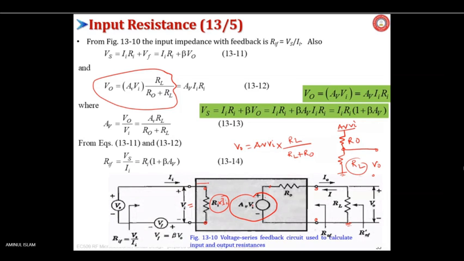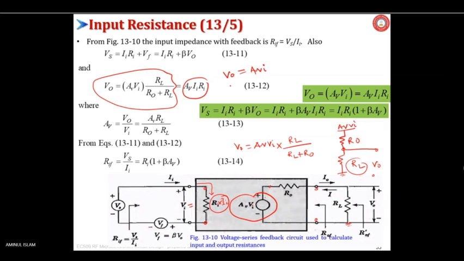The current II flows in this direction through this resistance. Yes, Aman? Yes, sir. So if that is the case, then how are we writing VO?